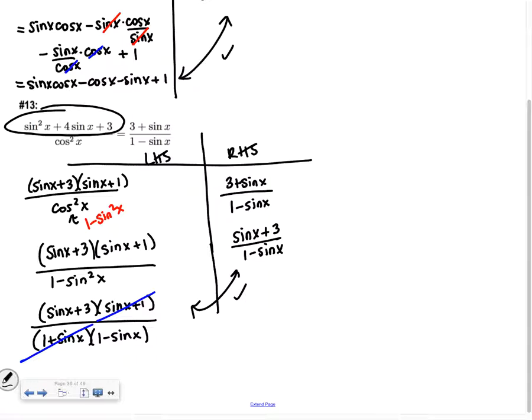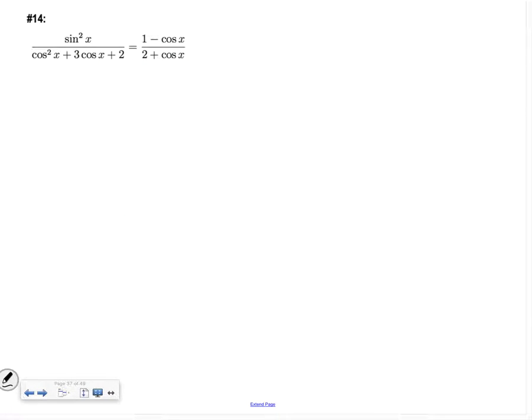Okay, so you might like the chart setup. That's totally fine if you do that on your test. I'm fine with the chart, or I'm fine with right-hand side simplifying to left hand, or left-hand side simplifying to the right hand. The only thing you can't do is add and subtract things to both sides. You can't treat it like an equation and keep things balanced by cross multiplying or something like that.